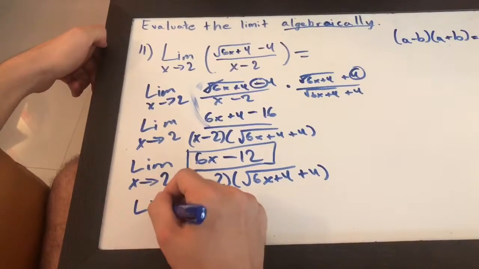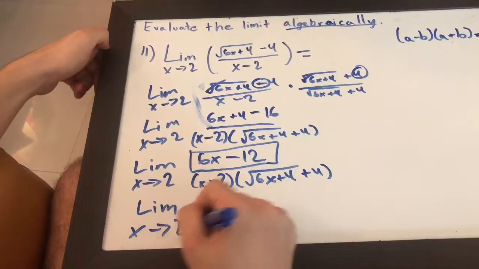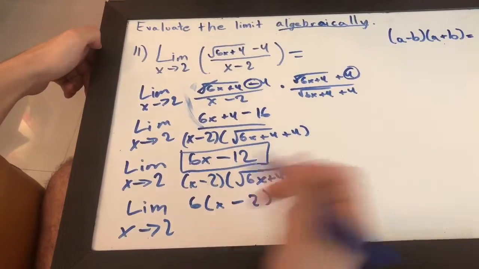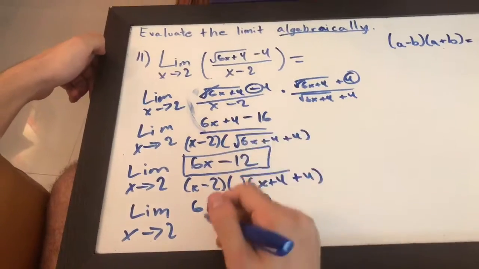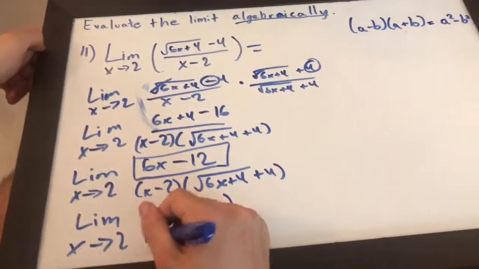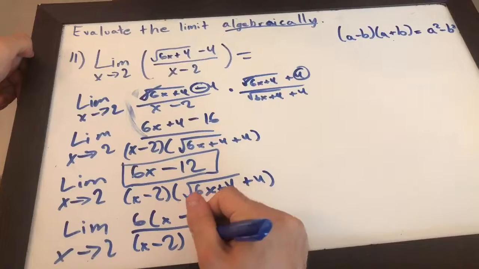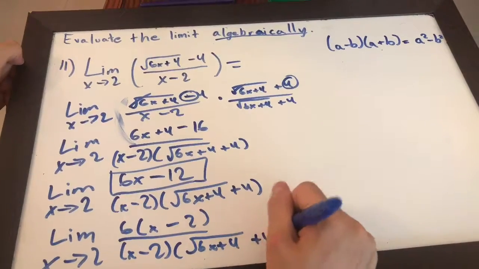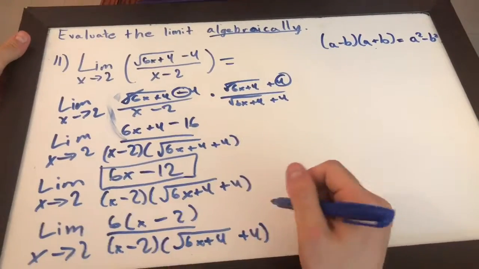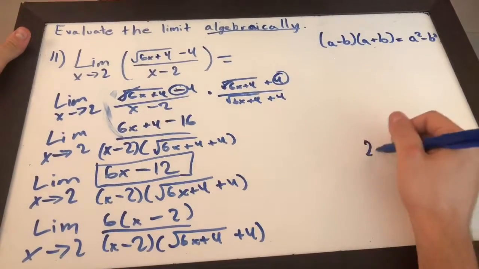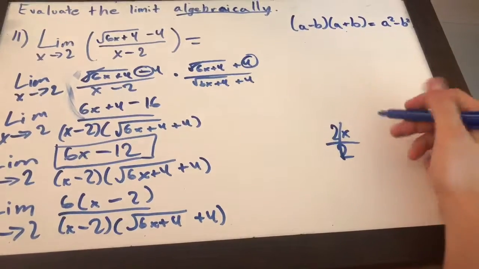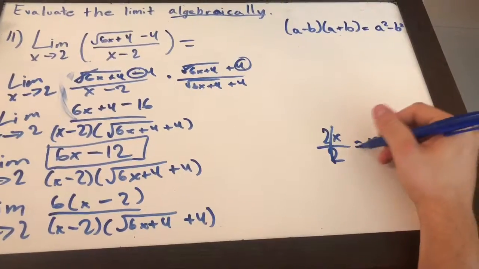So in this case, we would have the limit as x approaches 2. We would get 6 minus 2, since we took the 6, which is a multiple of 12, over x minus 2, times the square root of 6x plus 4 plus 4. Whenever we have something that looks like this, we would commonly cancel the terms in order to get an x.